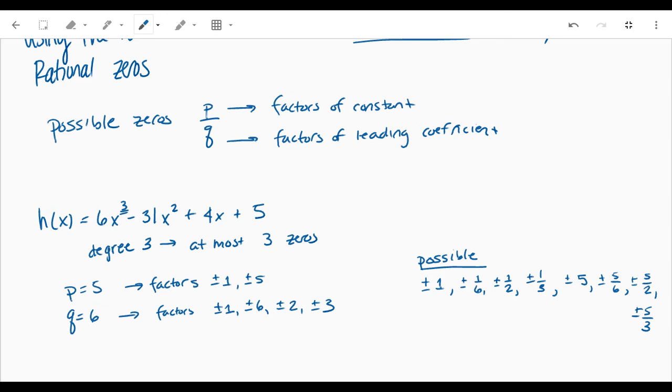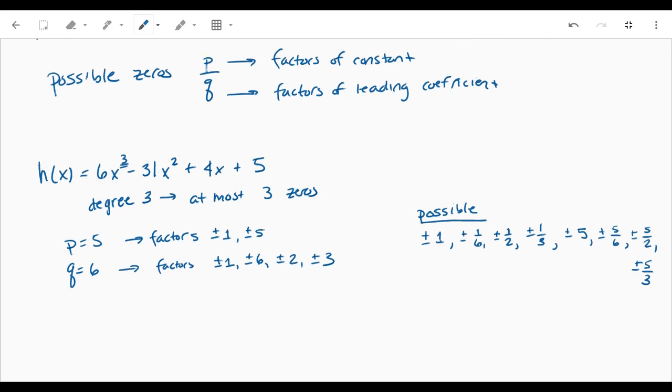They do synthetic division to divide it out. I would much rather plug it in to see if it is a zero. If I plug it in, I get 0.